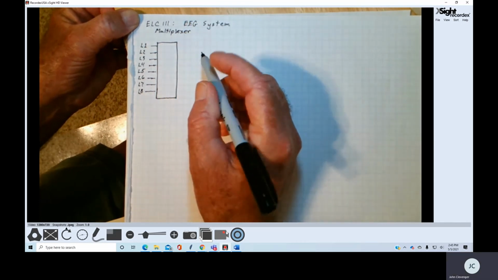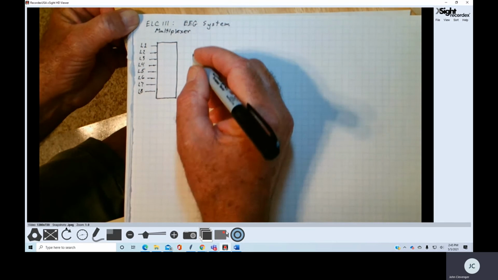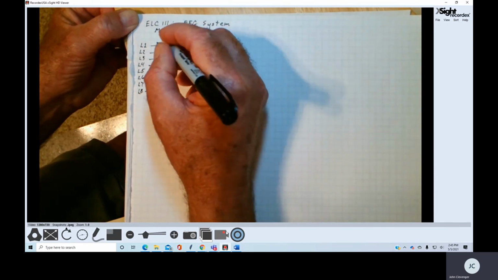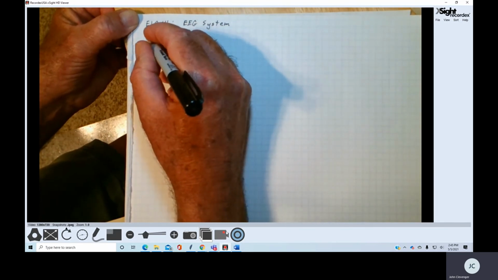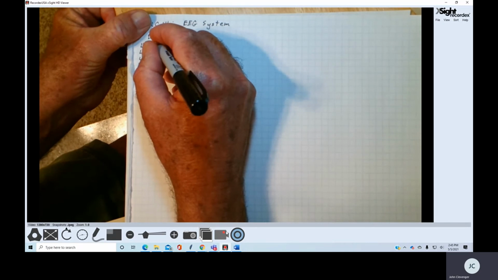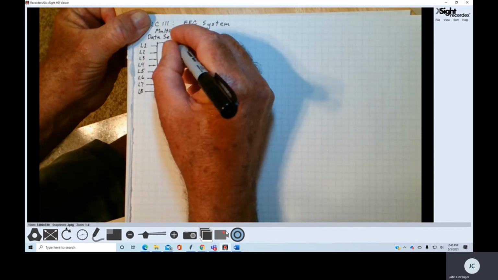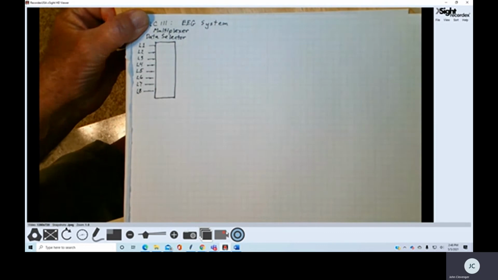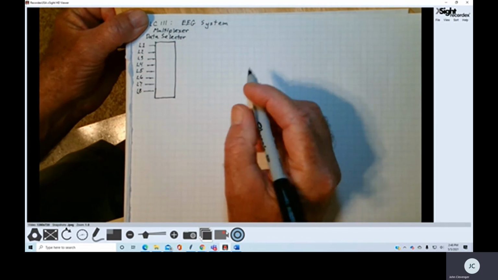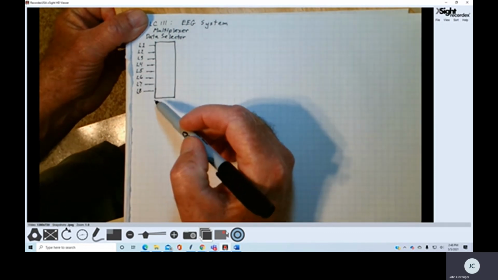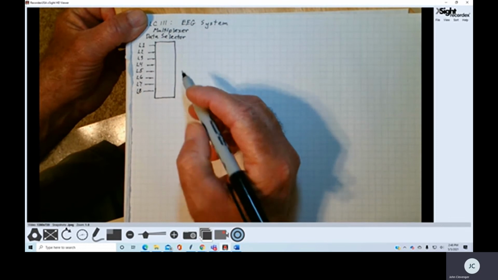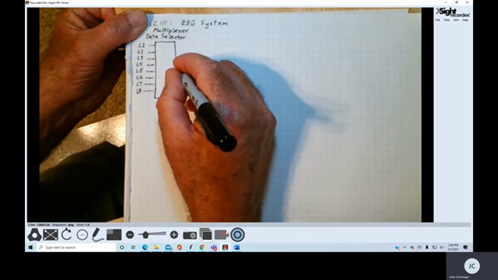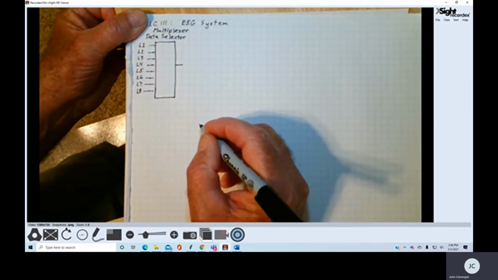Can you say multiplexer? Very good. Now we can also think about this multiplexer as being a data selector. And we'll talk about this in a few minutes. But as you see, this multiplexer has 8 inputs, and it's going to have 1 output.